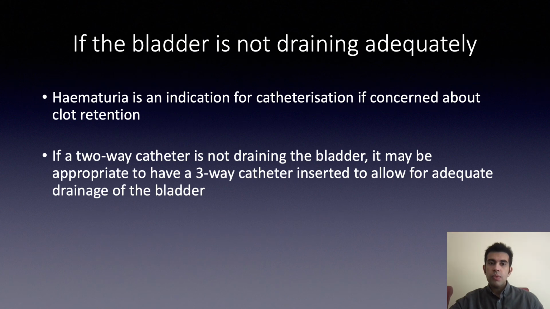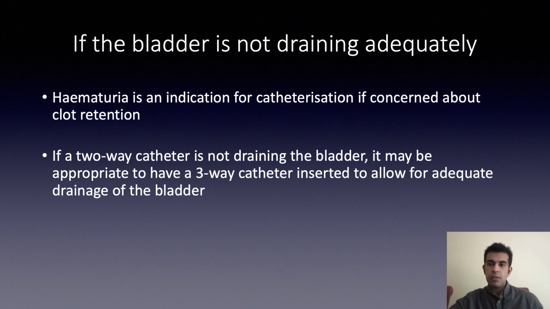So, if the bladder isn't draining adequately, as we previously mentioned, sometimes that can be due to clots within the bladder itself obstructing the flow of urine out of it. Usually, as we mentioned, a 2-way catheter can do the trick, but sometimes it's not possible, so it may be appropriate to have a 3-way catheter instead, which may allow for adequate drainage of the bladder.